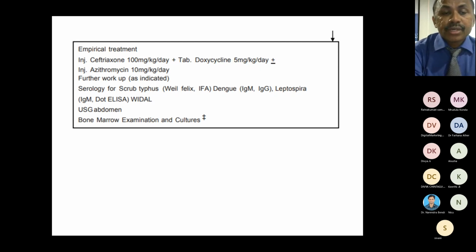And also you would go for ultrasound abdomen, bone marrow examination, and cultures. With this empirical treatment, you would be covering most of the possible etiological factors. Then probably you have to continue the diagnostic workup until you reach the etiological conclusion. Okay, so this is the fever without encephalopathy.